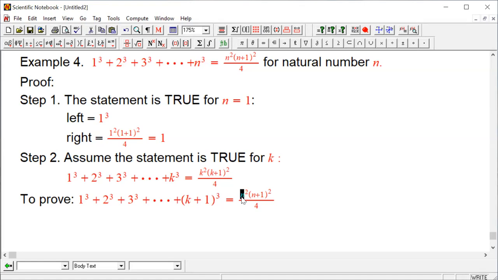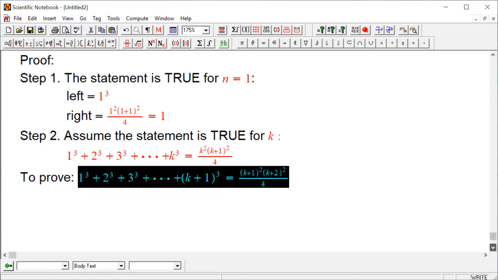So all the n are now replaced by k plus 1. And over here, n plus 1 becomes k plus 1, then plus 1, that's k plus 2. So this is to be proved.